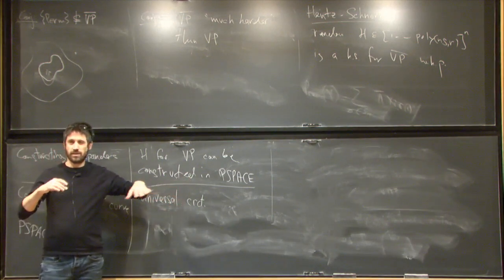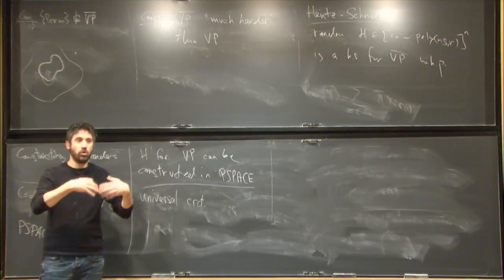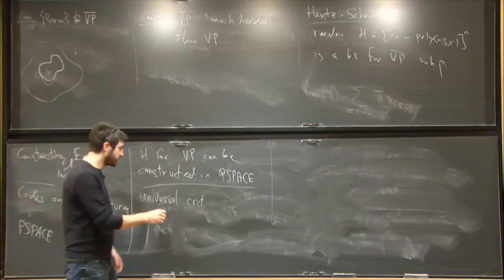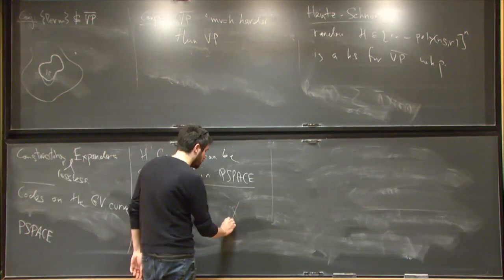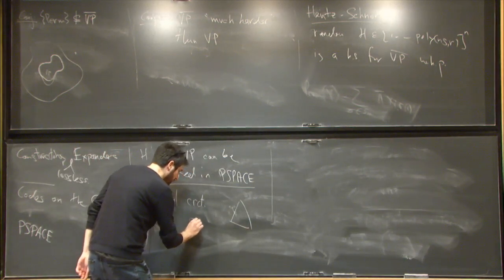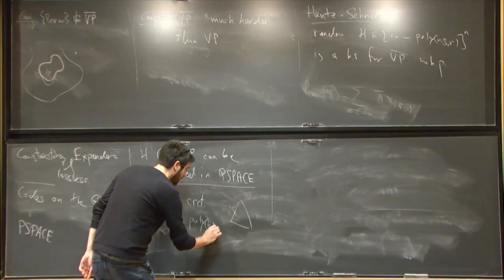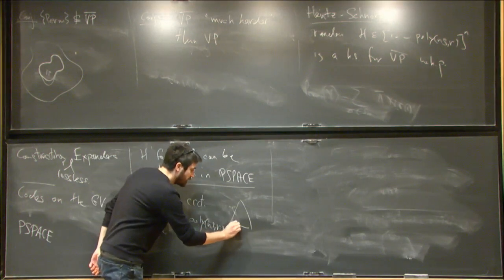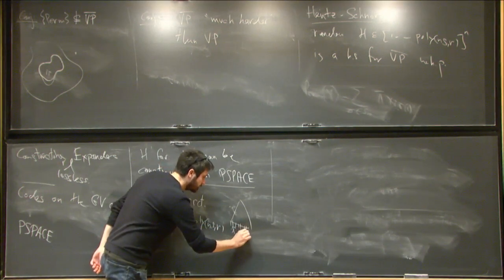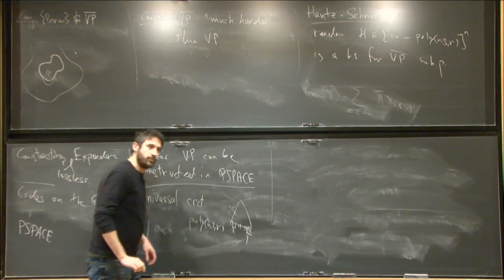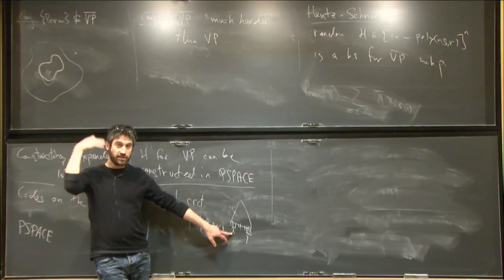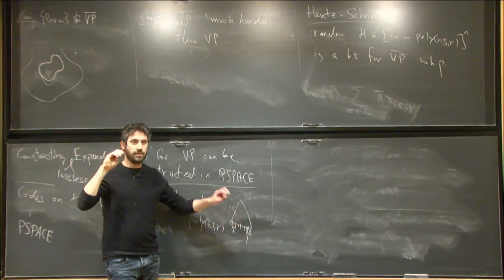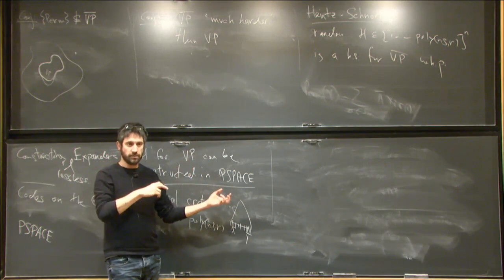A universal circuit is a circuit that encodes all small circuits. So it is some arithmetic circuit of size polynomial in n, S, R, not just of size S. And you can think about it as having two sets of variables, x and y. The x are going to be the variables of the resulting polynomial, and the y is just a way to encode a circuit in it.